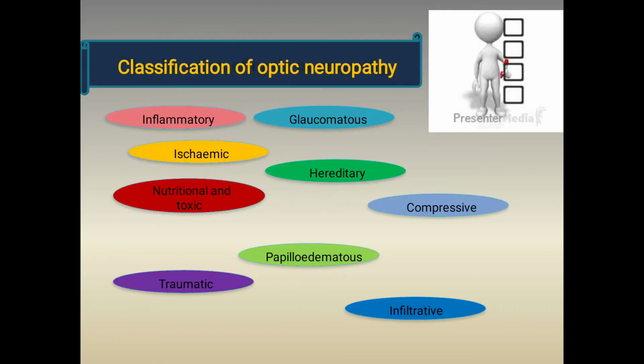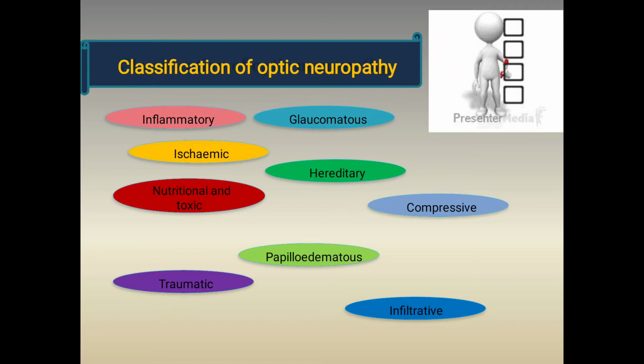So how is the optic nerve affected? The optic nerve may be inflamed, as in optic neuritis, or there may be ischemia to the optic nerve, leading to ischemic optic neuropathy. Some toxins like alcohol can damage the optic nerve, leading to toxic optic neuropathy. Nutritional optic neuropathy, especially in alcoholic patients, can occur because of deficiency of vitamin B1.